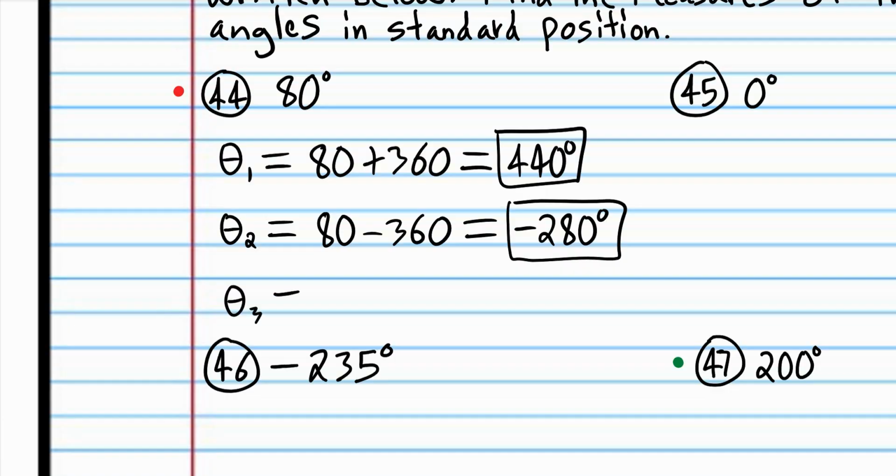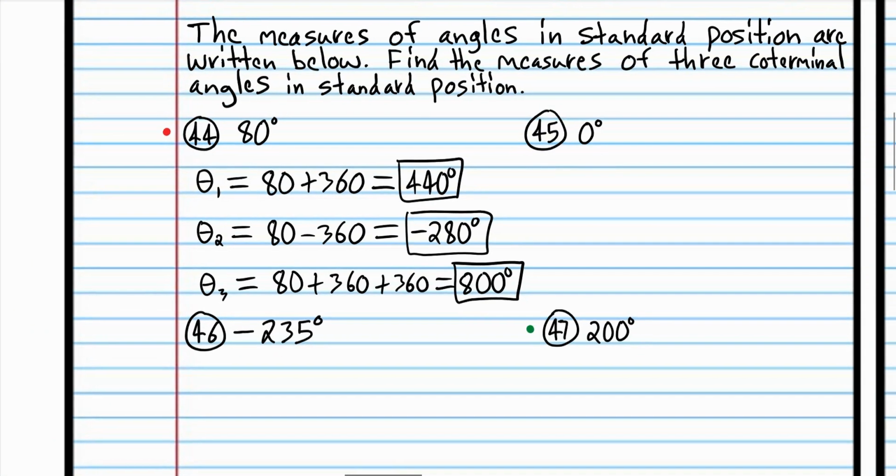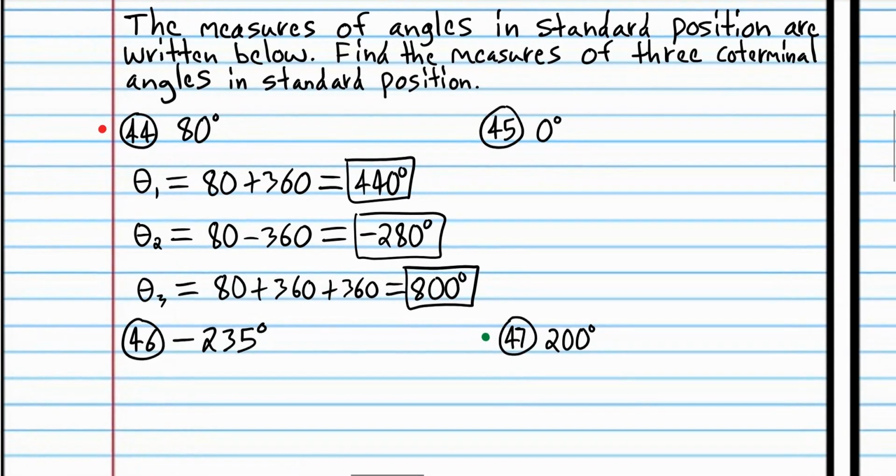And then I get another coterminal angle. So 440 plus another 360, and we get 800 degrees. So this is very, very easy. All we're doing is just adding 360 or subtracting 360 to get coterminal angle measures.